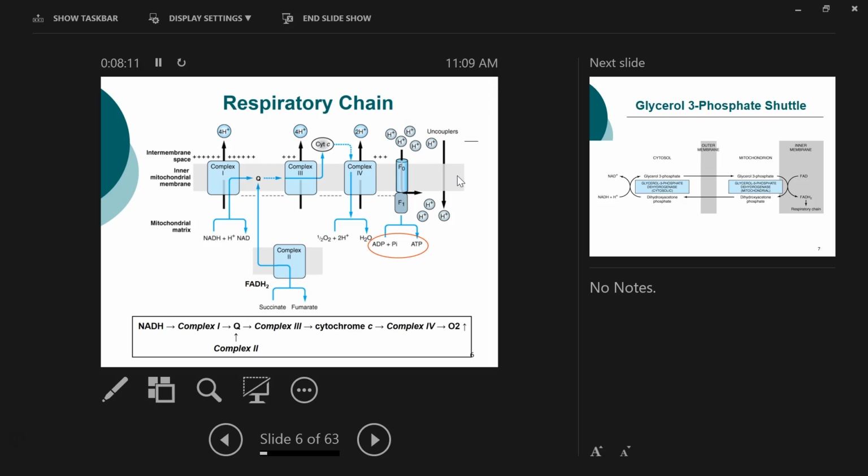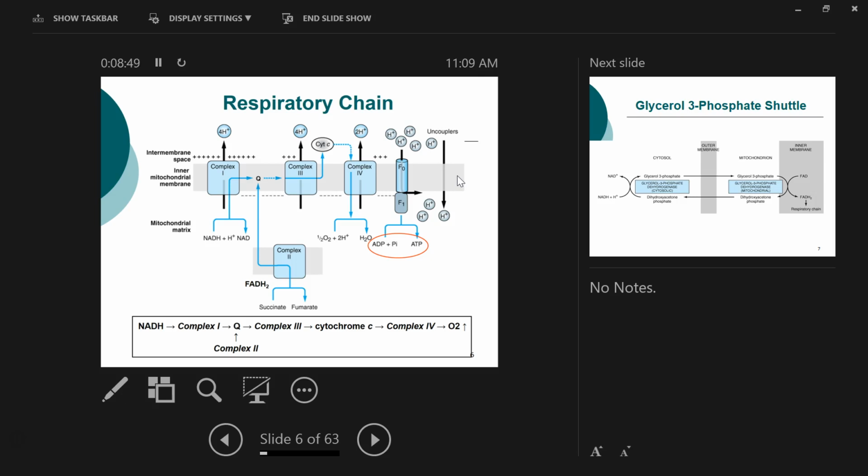So this is the inner mitochondrial membrane. This is the inside, the mitochondrial matrix, and the outside is also called the intermembrane space between the inner and outer mitochondrial membrane. Complex 1, 3, and 4, and also ATP synthase, are located on the inner mitochondrial membrane. And complex 2 is located inside of the inner mitochondrial membrane, in the mitochondrial matrix.